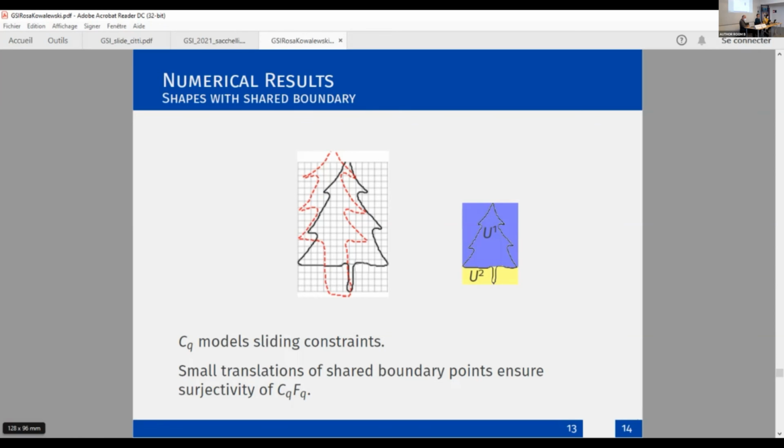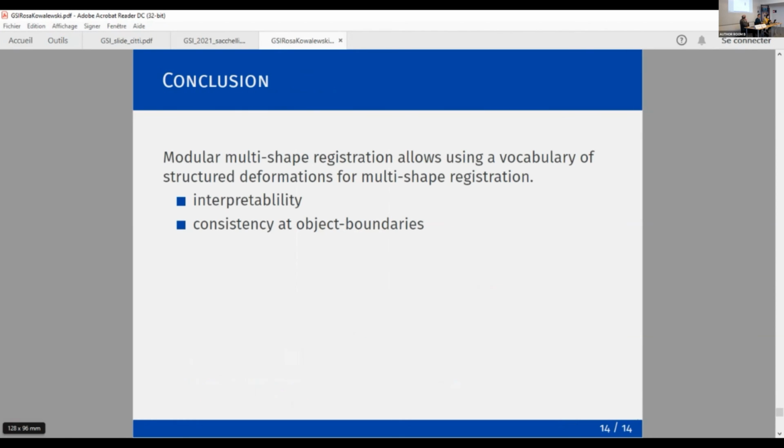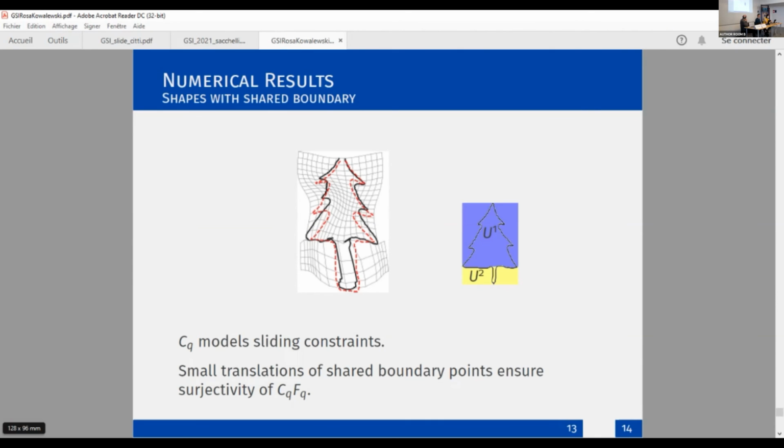So in this way, we can enrich the space of vector fields enough to make it surjective, while we don't change the deformation prior a lot. So this is how the trees match. And you can see this sliding between the two subshapes.